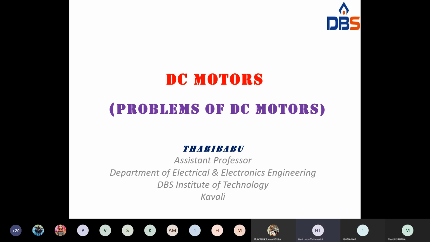So output by input is nothing but efficiency. The Swinburne test is used for large motors, but the brake test is not used for large motors. The brake test efficiency is the approximate efficiency, whereas in the Swinburne test the efficiency is more accurate.